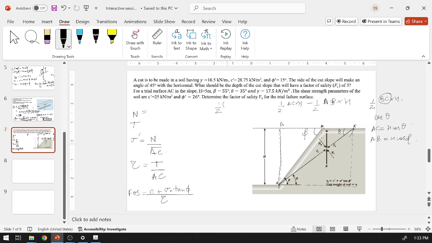Not cos, it should be tan. Tan beta equals h by AB, tan theta equals h by AC. So AC is equivalent to h by tan theta, and AB is equivalent to h by tan beta.